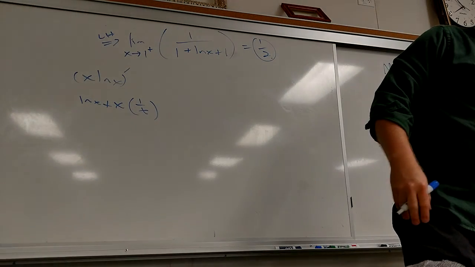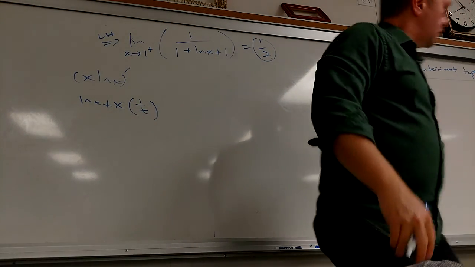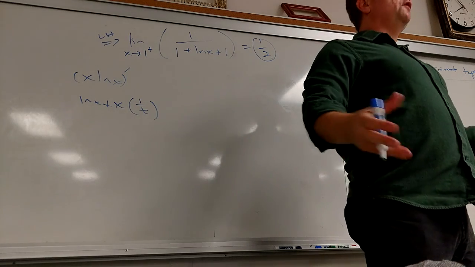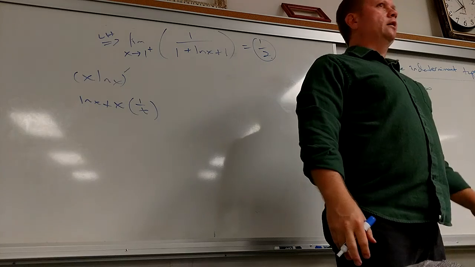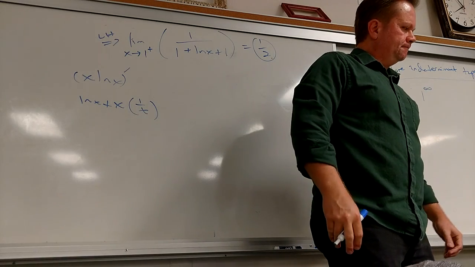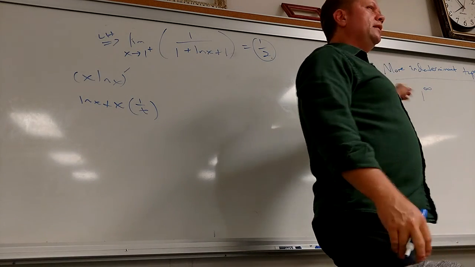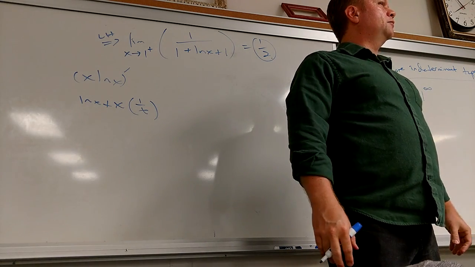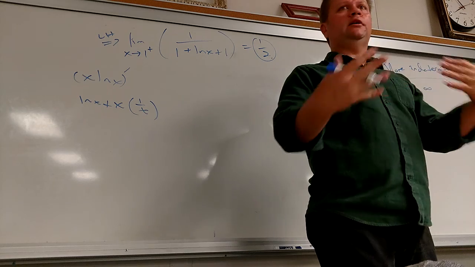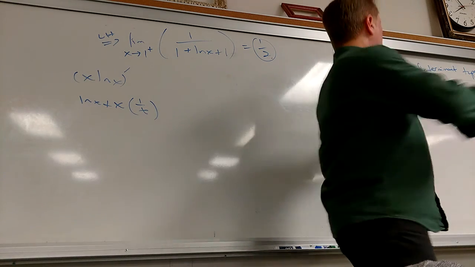This is actually one of the most famous indeterminate forms. This kind of form is where e came from, to be honest, the number e. Why is that indeterminate? 1 to any power is 1, right? Well, that statement is true. 1 to any power is 1. But where would this have come from?